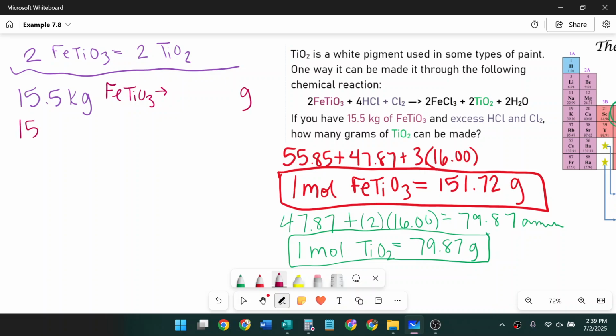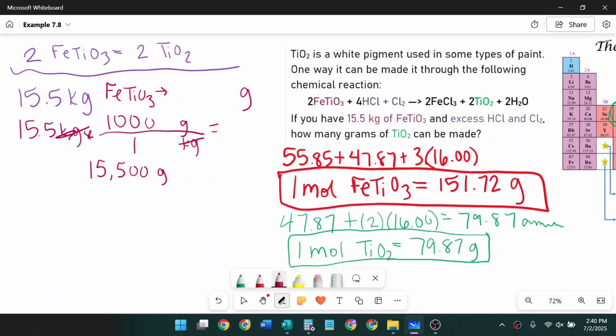Well, to convert kilograms to grams, you can either do it using the move-the-decimal trick you may have learned in elementary school, or you can set up a conversion factor. How many grams are in a kilogram? In 1 kilogram, there are 1,000 grams. The kilograms will cancel out, and that will leave you with the number of grams. So that's 15,500 because we've moved the decimal place 1, 2, 3 times.